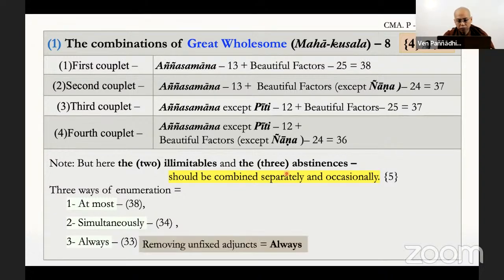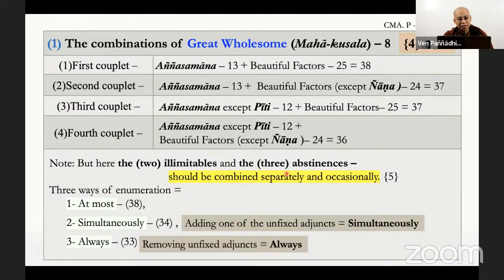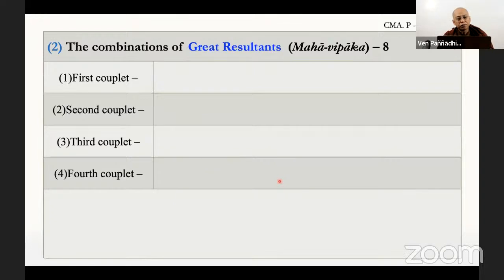So let's continue. Here, how it becomes always is by removing the unfit adjuncts, and simultaneously by adding only one, because they all come separately. Okay, so for the resultant, do you remember the resultant?